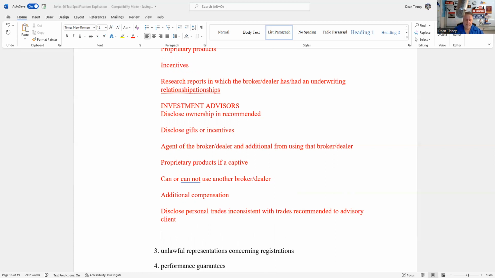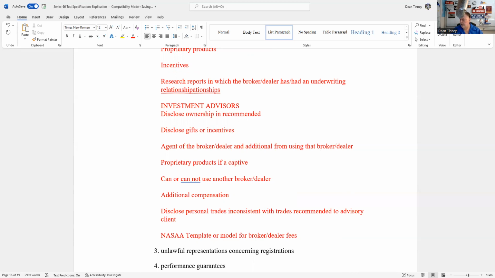NASAA has a template for model fee disclosures. It is a template or model for broker dealer fee disclosure. You can use it any way you want, but if you don't use this, you better make sure you make the same disclosures you would have made had you used the template.